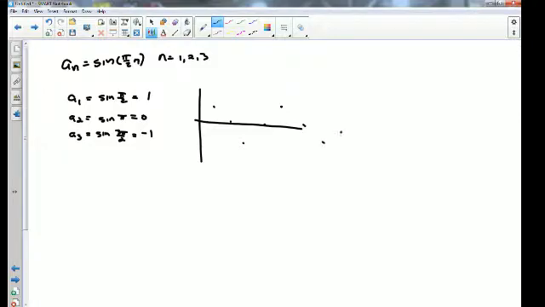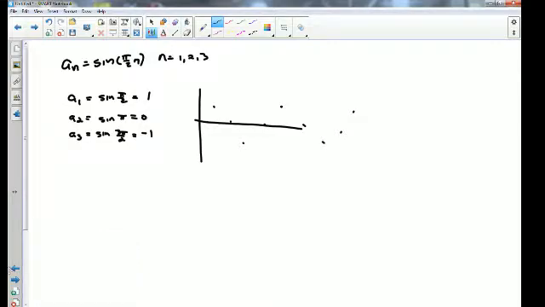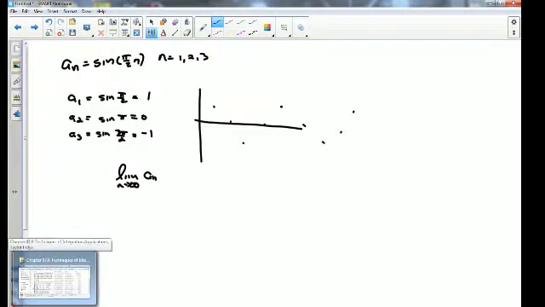If we graph this, it's just going to keep going, right? Does that approach infinity ever? No, it doesn't, but it diverges, or does not converge. So that's a possibility too. It doesn't absolutely have to be infinity for a sequence to diverge. Basically, you're looking at the limit as n approaches infinity of a sub n does not equal a number.